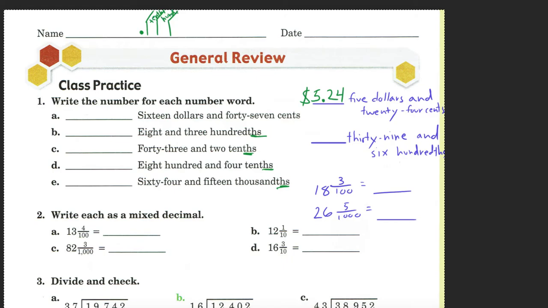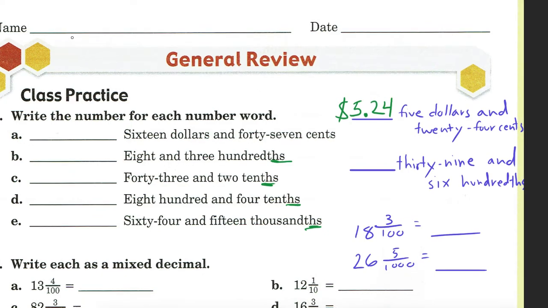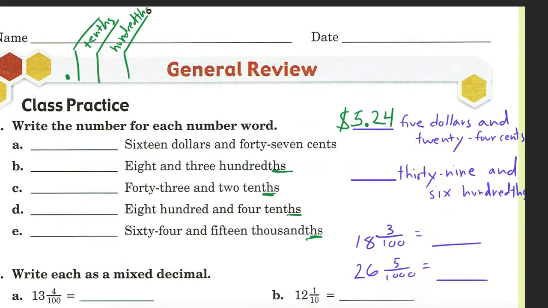Let me write it somewhere else. So please remember the decimal point here. So tenths, then hundredths, then the next was thousandths, right?